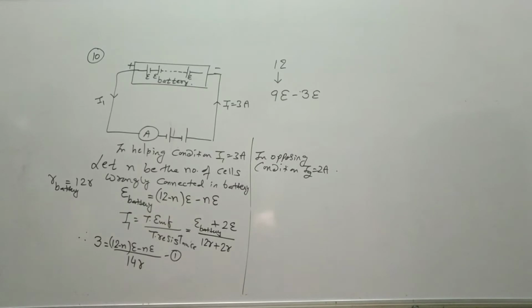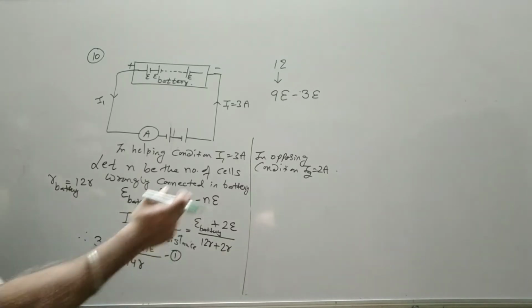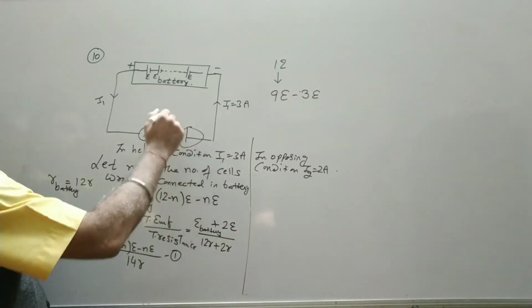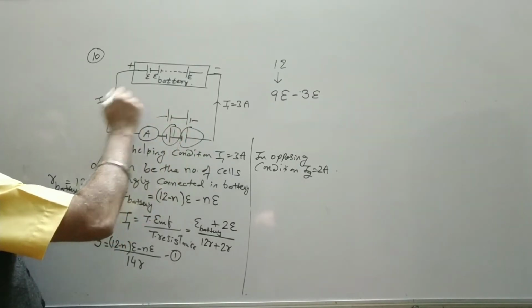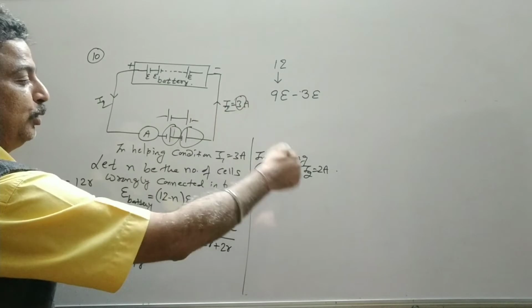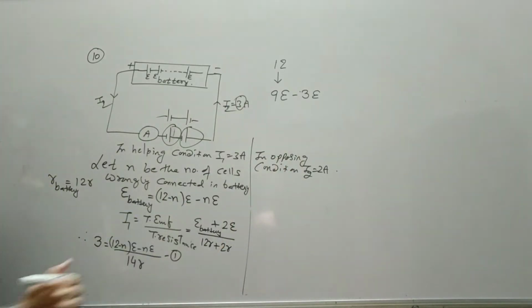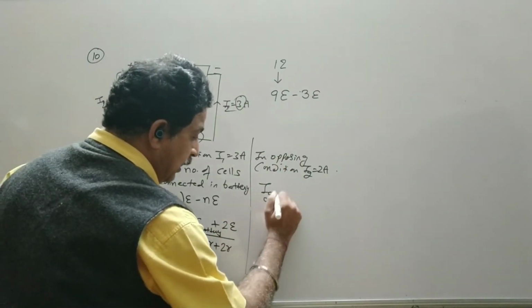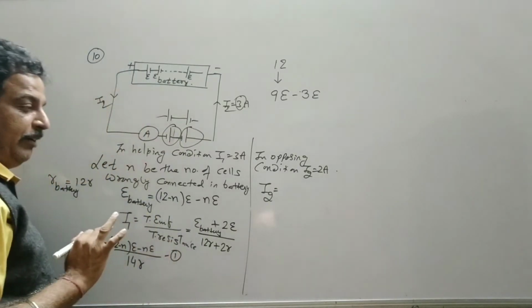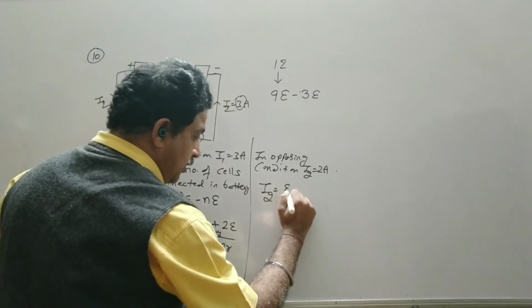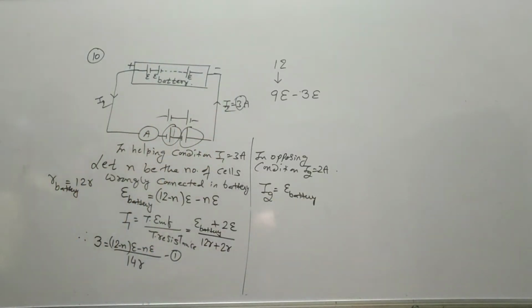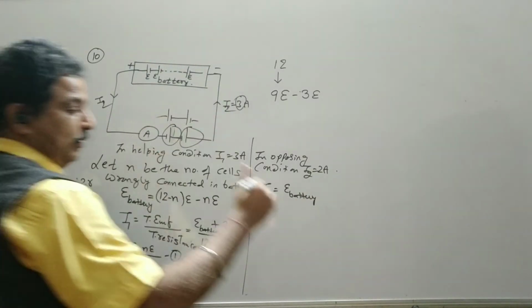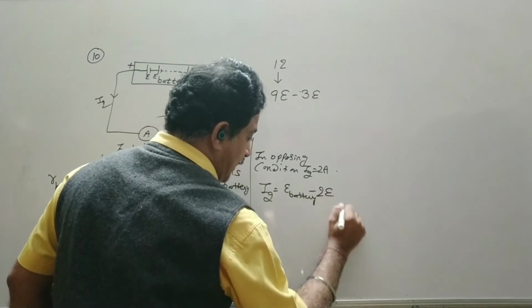Similarly, when these 2 are opposing, we interchange that terminal. At that time, the current in the circuit becomes I2, that is 2 ampere. So again now I2 is equal to total EMF. We have not changed any cell in the battery. So E battery, now these 2 are opposing, so here we have minus 2E.